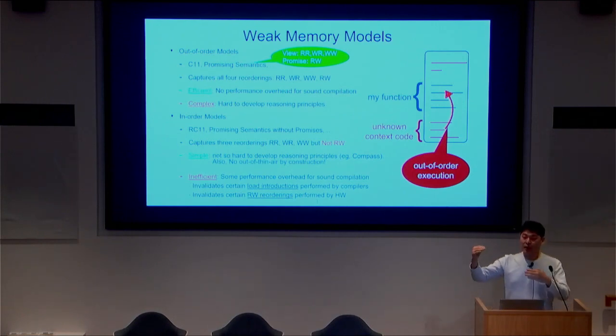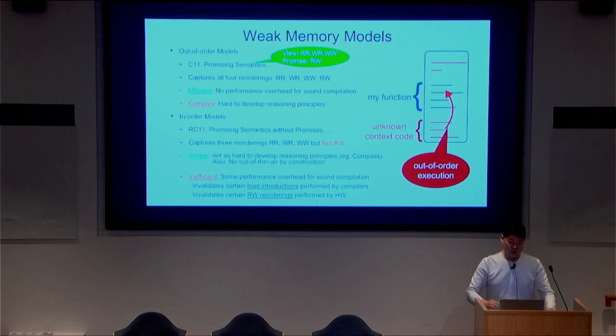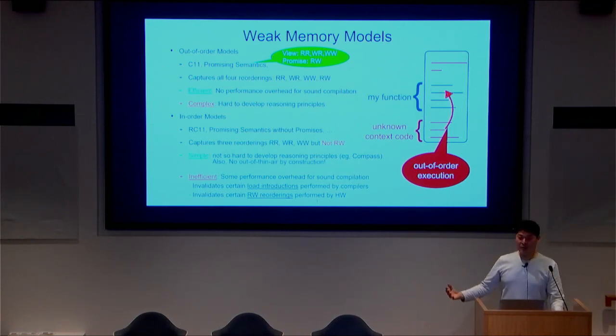It's just in-order interleaving execution, so it's not so hard to develop reasoning principles. For example, there is a logic called Compass that is sound on top of this simple in-order model. Also, you don't need to worry about out-of-thin-air behaviors or semantic dependency, because by construction there is no out of thin air. It's a simple model.